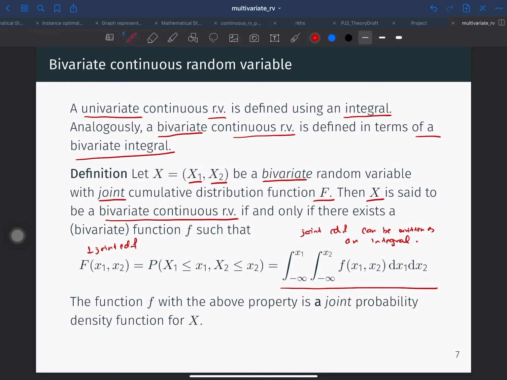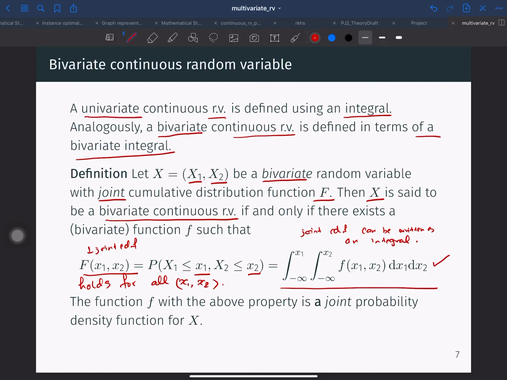We require this to hold for all x1 and x2. So for any value of x1 and any value of x2, the joint CDF is written as a bivariate integral in x1 and x2.